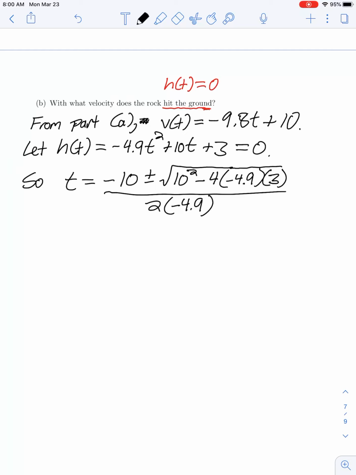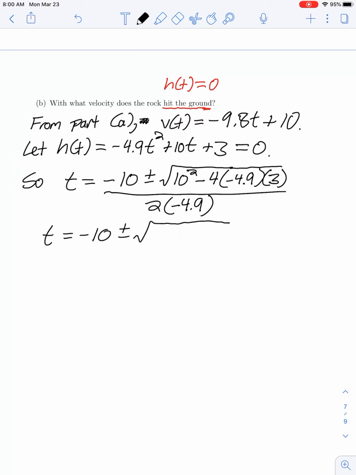So we have 2 times negative 4.9. So we have two different values of t for this quadratic, one corresponding to the positive square root, one corresponding to the negative square root. So let's simplify this expression a little.